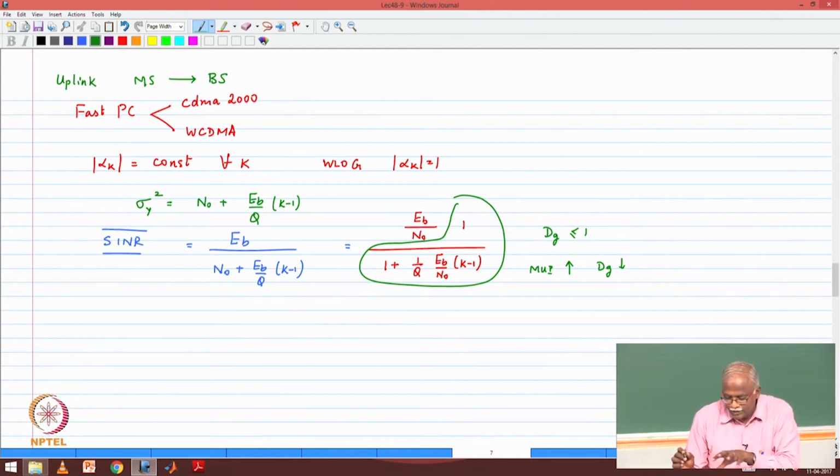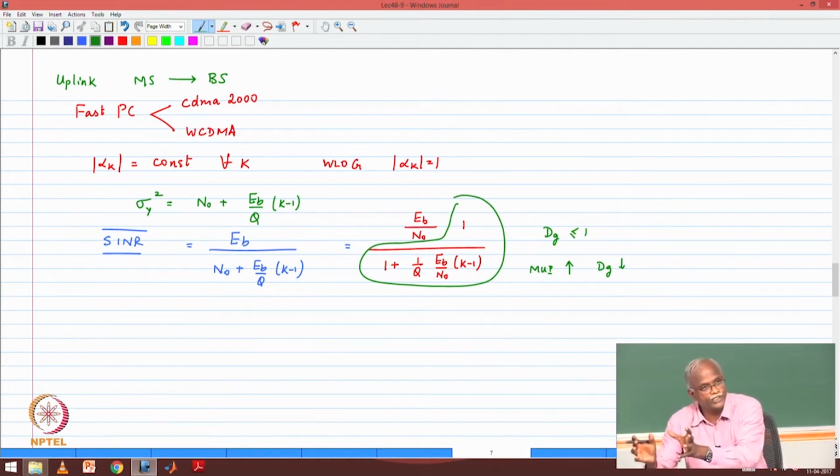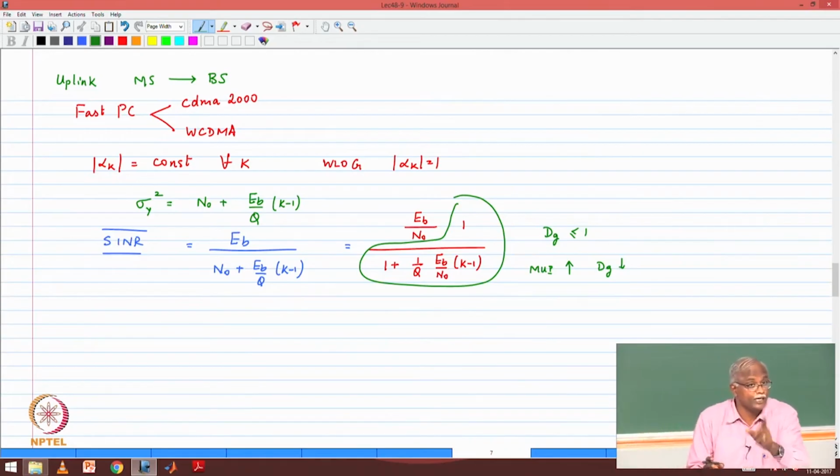So again, you can see the relationship between the number of users and your spreading factor. If you reduce your spreading factor, what will happen? You will hurt yourself again, because the degradation parameter is going to become smaller. All those things can be understood in this fashion.